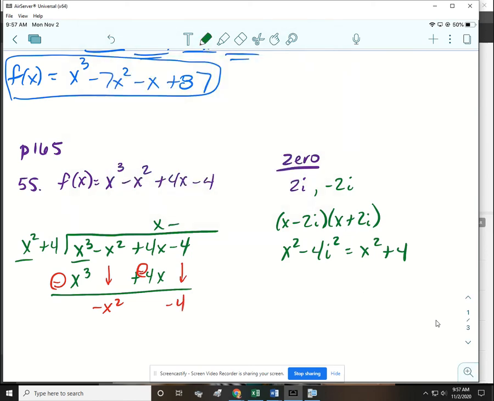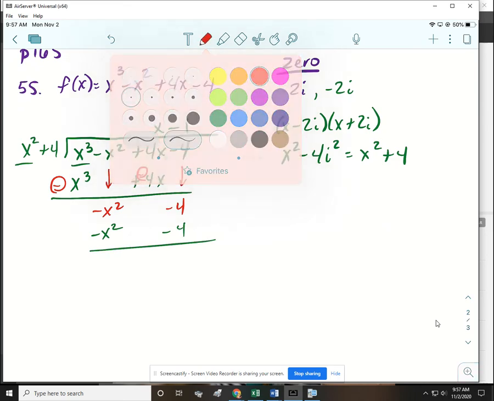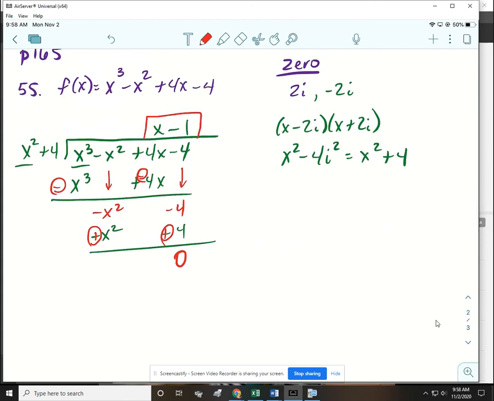And then that's going to be minus 1. And then when I change my signs, I get a remainder of 0, which I should have because I knew that that was going to be a factor because I used my zeros to find it. So the final factor is x plus 1, and then that 0 is just going to be 1. All right, so those are all the zeros.